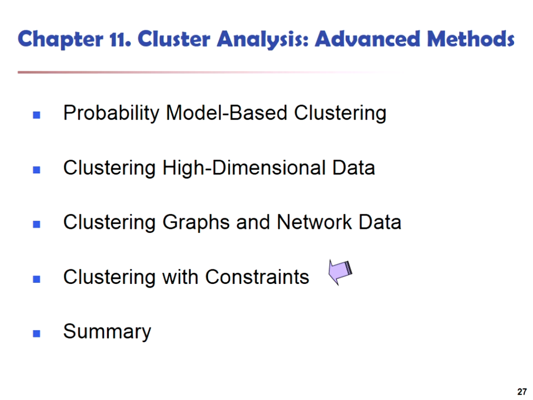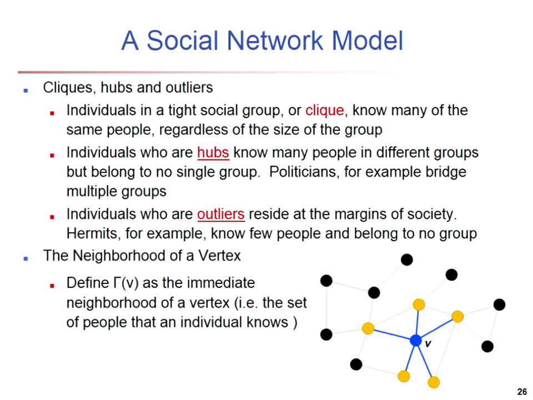Let's move now to the last point in this chapter, clustering with constraints. So what's the meaning of clustering with constraints? Now here in the last example, the yellow defines the immediate neighborhood of a vertex, the set of people that an individual knows.